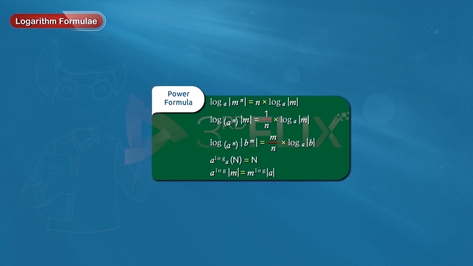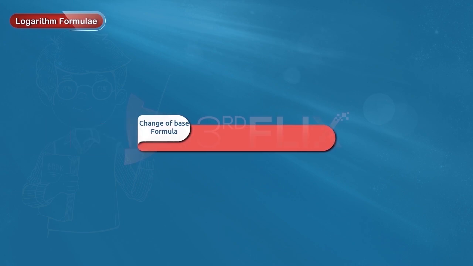Change of base formula: log m base a equals log m base b into log b base a. Interchange formula: log a base b equals 1 by log b base a.